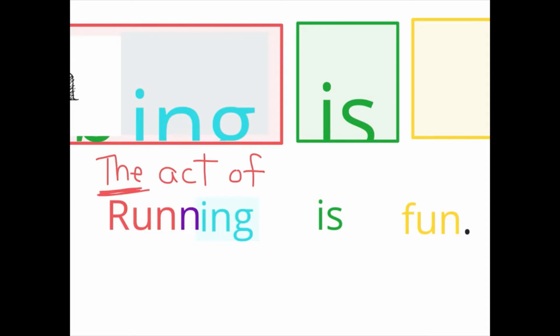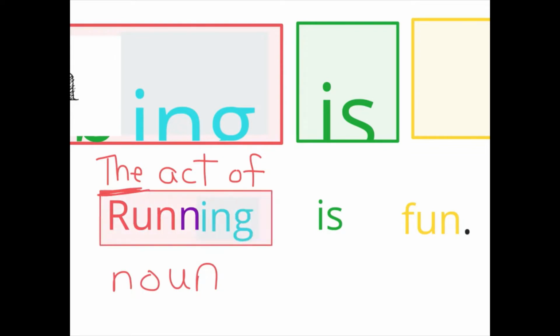And the act of running is going to be like a noun. And so we can use it as the subject of our sentence. So here running is not the verb in the sentence, but rather the act of running, which is something we can do, is the subject of our sentence.